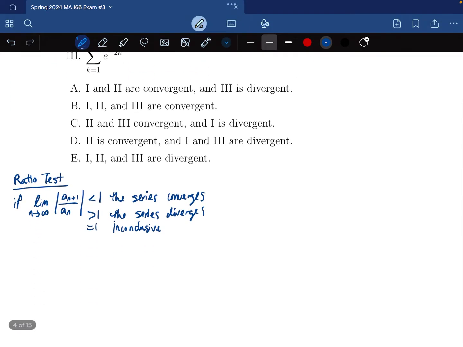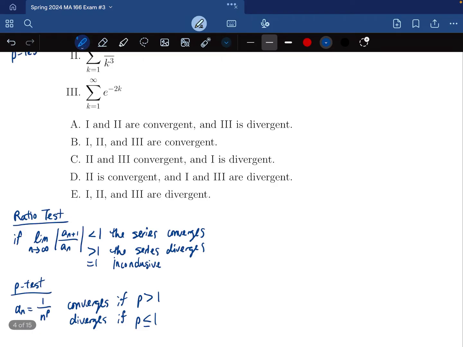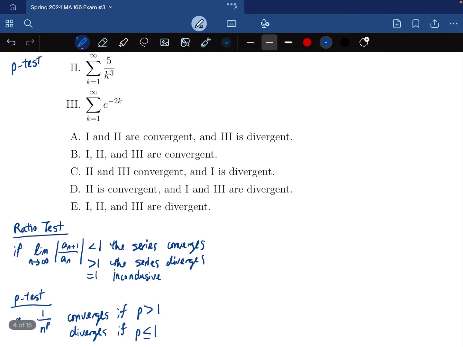So the p-test states that a series a_n, which equals 1 over n to the power of p, converges if p is greater than 1, and diverges if p is less than or equal to 1. Okay, and so in this case, that would mean that 1 over k cubed converges by the p-test.